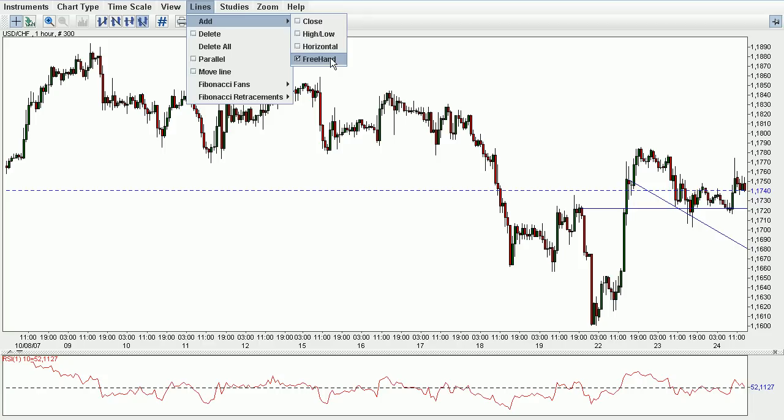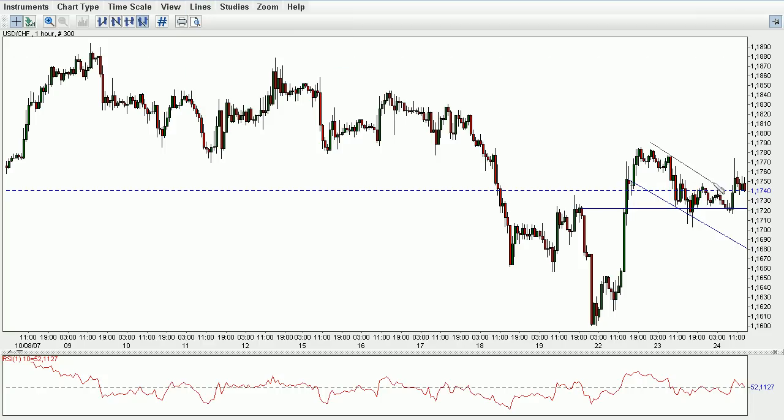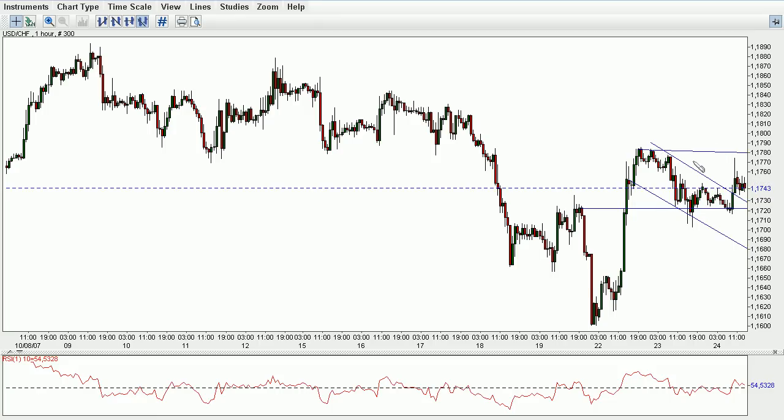Okay, so again we have the similar pattern forming here, and this is our continuation pattern, which has been already formed, and once this level of 1.1780 is broken, we can more decisively say that our uptrend is going to be continued.